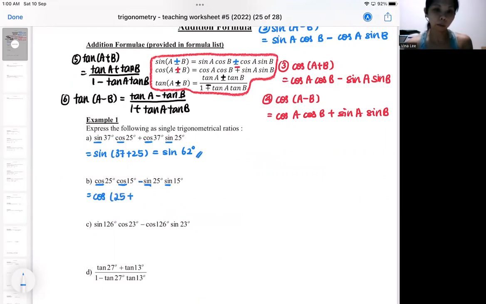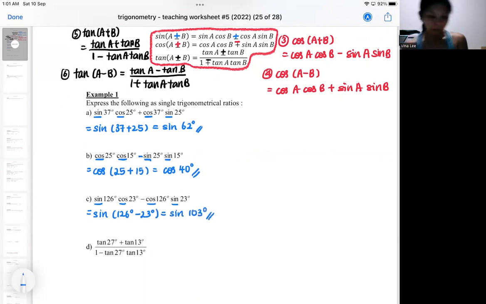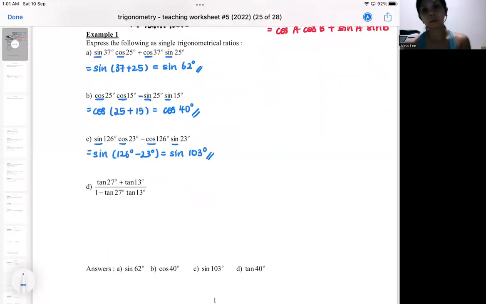If this is a minus, then it will be a plus. So I will get cosine 40 degrees. Sine cos cos sine, if you follow the sine, it will be sine 120 minus 23. It's just to see whether you can condense back the formula. This one is a plus, and this is a minus, so it should be sine 27 plus 13 degrees.